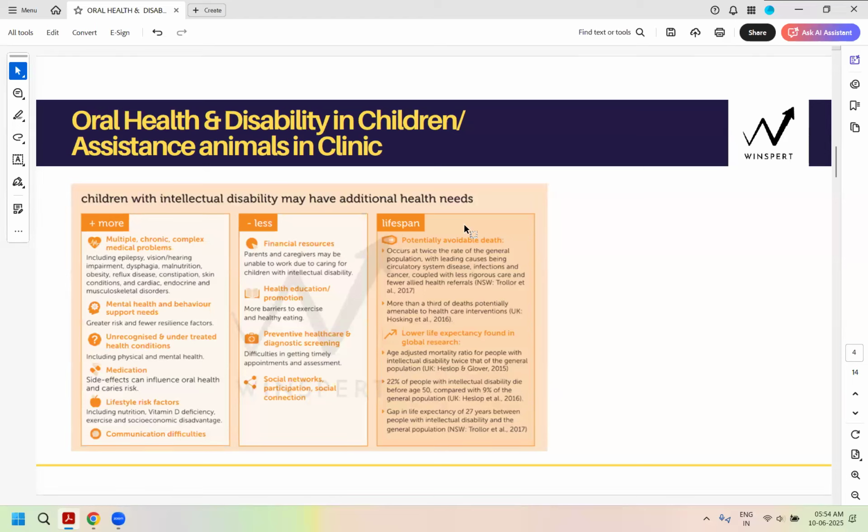Now, also they would be at a greater risk of mental health issues as well, right? Because of their own conditions. They may have even unrecognized and untreated health conditions, which, as a primary general dentist, it is also your responsibility to take a complete history. So if there are any unrecognized health conditions, you can identify those too, right?